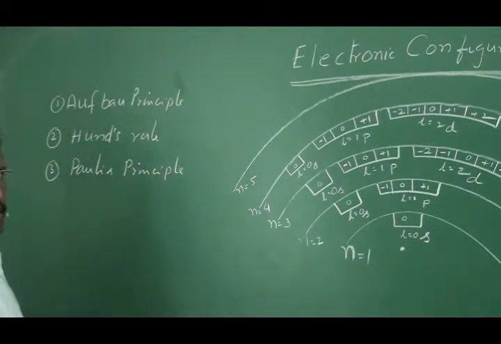These are the 3 important rules that are followed in filling up of different atomic orbitals.